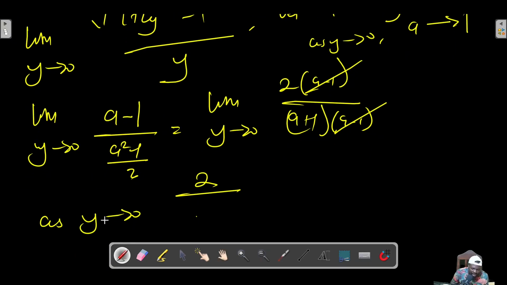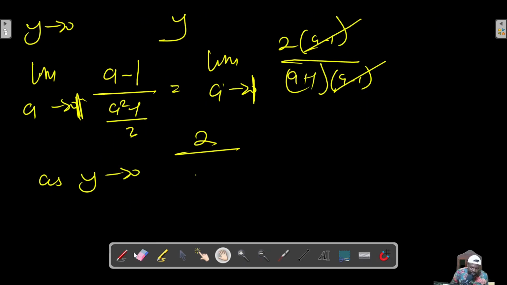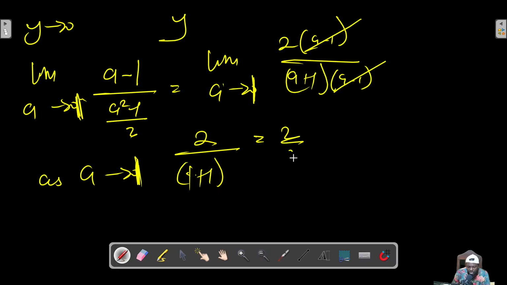So as a approaches 1, what am I going to end up with? I end up with 2 divided by 1 plus 1, that is 2 on 2, and my answer is 1.